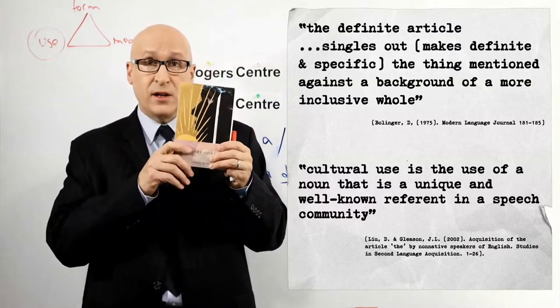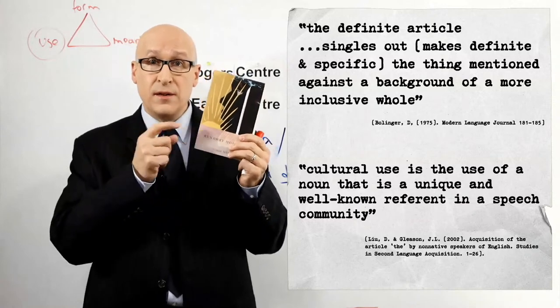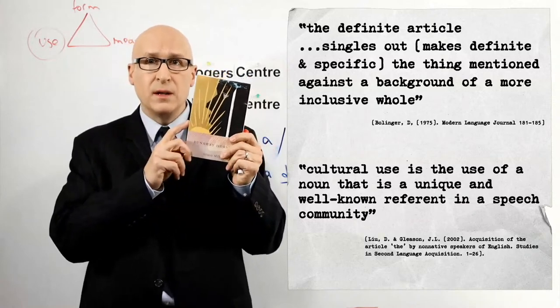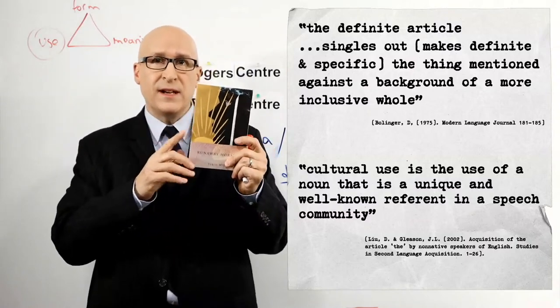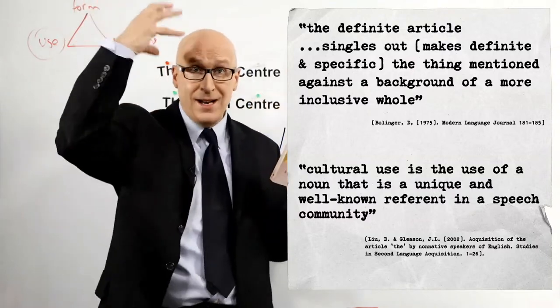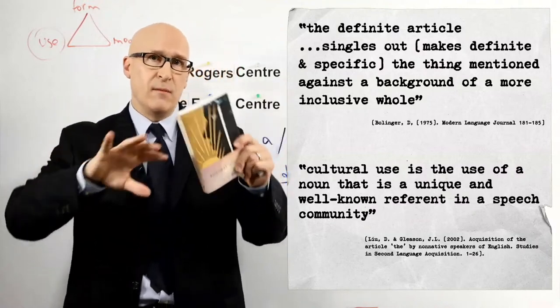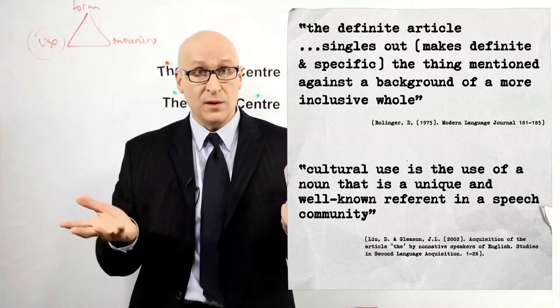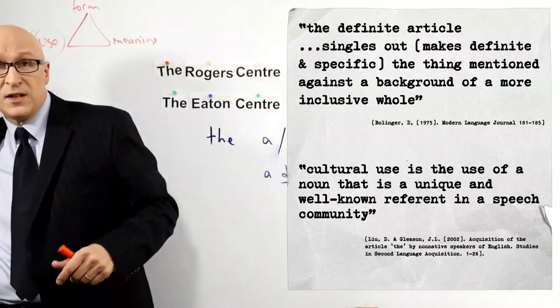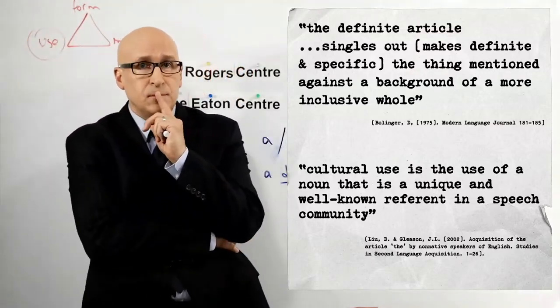So the definite article, when I say the book, the Mishima book that I'm talking about, I'm singling it out. I'm making it specific against a background in your mind, in your knowledge, of a more inclusive whole. The whole knowledge you have of all the books in the world. Okay? That's what the definite article does.